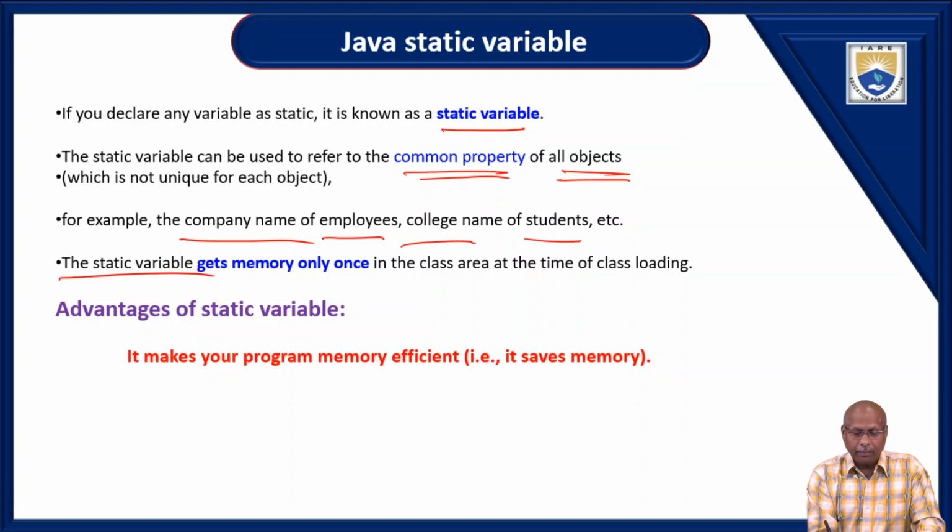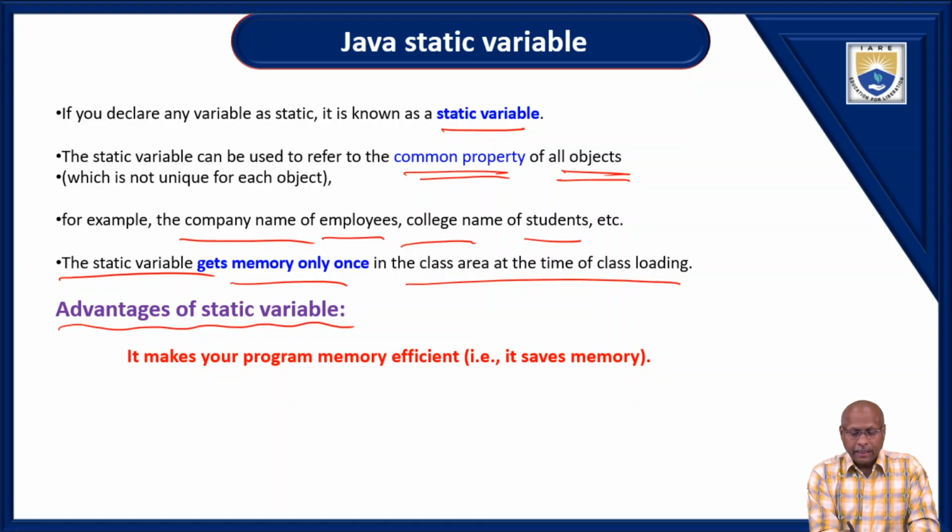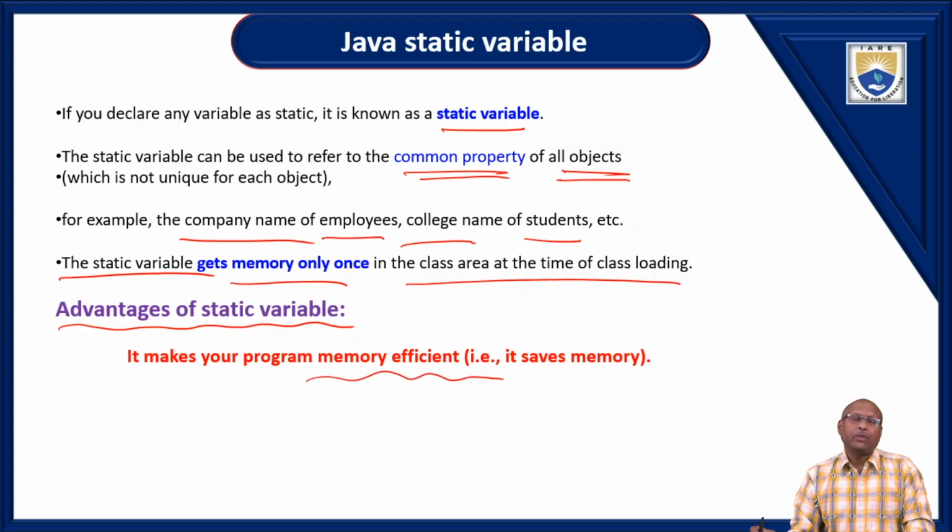The static variable gets memory only once, in the class area at the time of class loading. Whenever the class is loaded, that area will be initialized and shared among all objects. So what is the advantage of a static variable? The advantage is that it makes your program more memory efficient. You are not wasting your memory. Memory is utilized effectively, with no wastage.